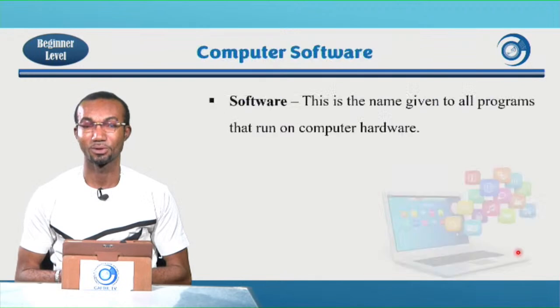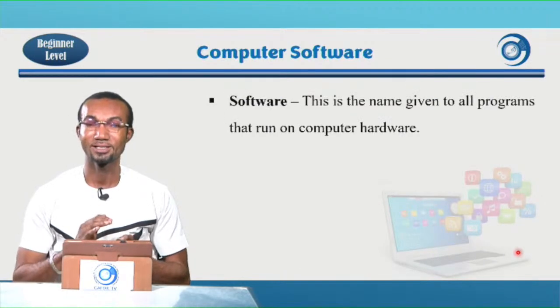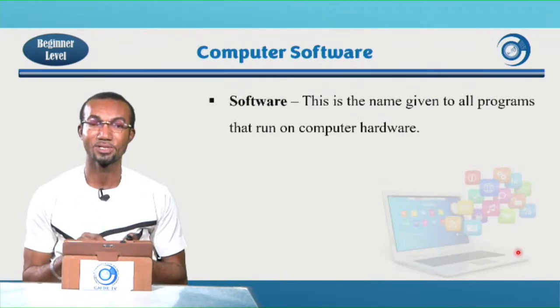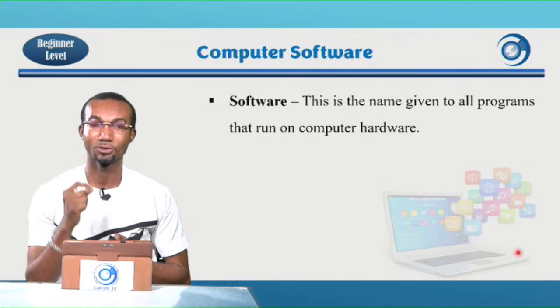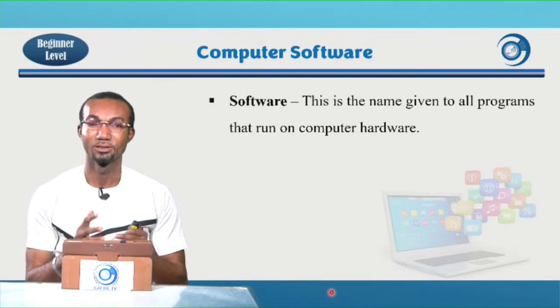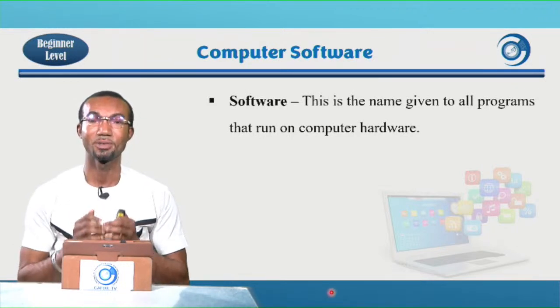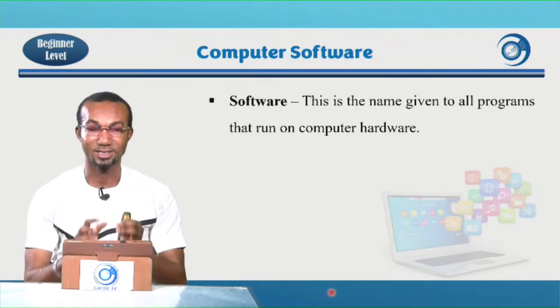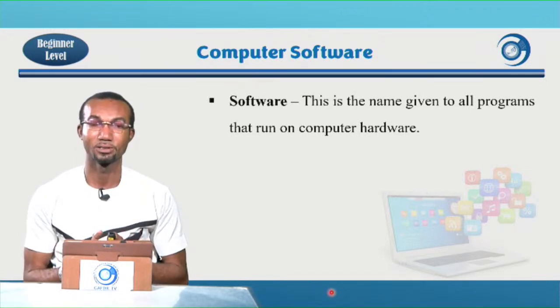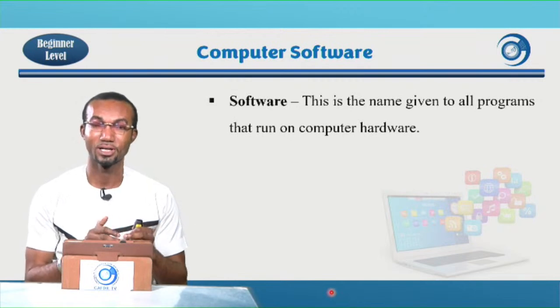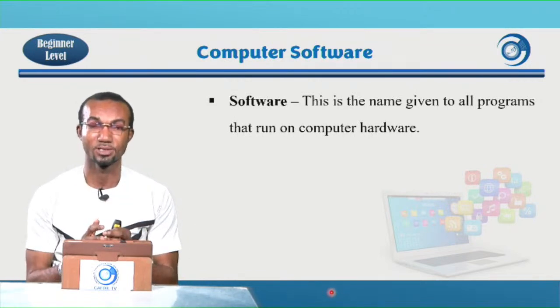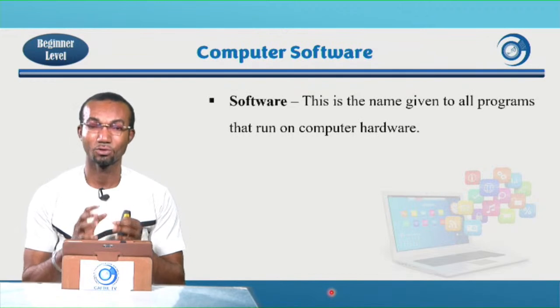What is computer software? Software is the name given to all programs that run on computer hardware. So viewers, anywhere in ICT conversations you hear software, it is the same as programs that run on the computer hardware. So software is synonymous with programs that run on computer hardware.